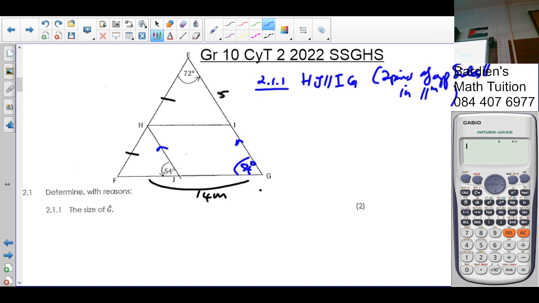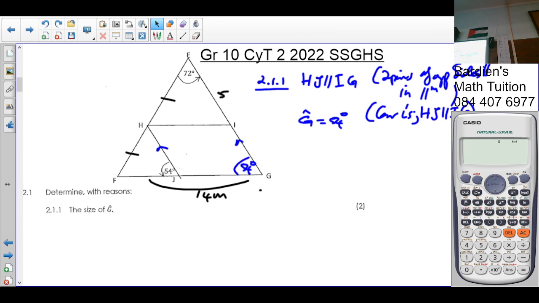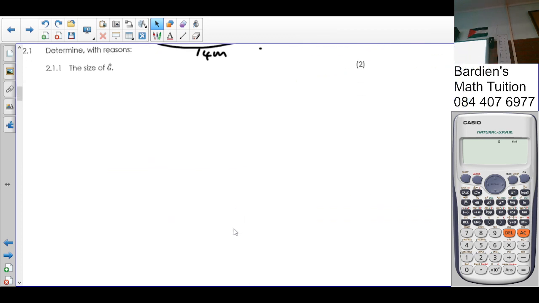Then we're saying now that angle G is equal to 54 degrees. Why? Because the corresponding angles are equal, with HJ being parallel to IG. Angle G is 54 degrees. Okay, let's go to the next question.